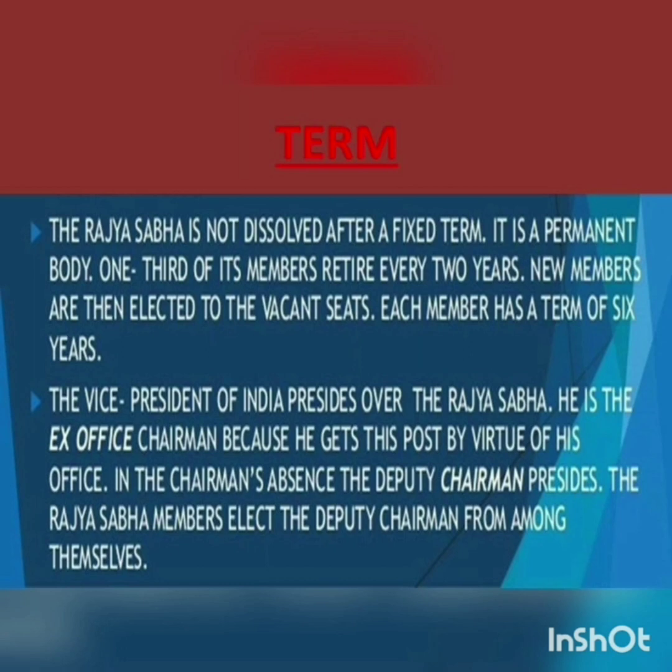So what is the procedure here? Now understand. One third of its members retire every 2 years. Thereafter, fresh elections are announced for the seats vacant in the beginning of the 3rd year. So the Rajya Sabha is not subject to dissolution. Therefore, we say it is the permanent body. Clear? So this is about the term of the Rajya Sabha.